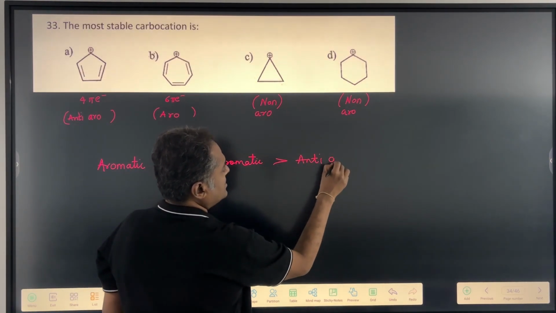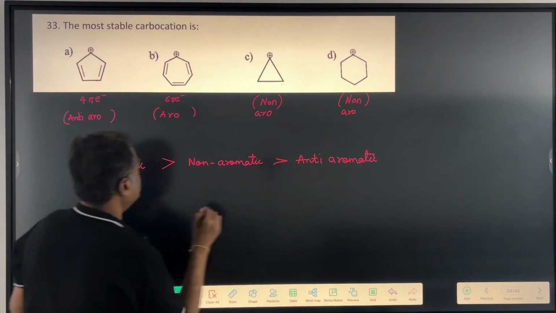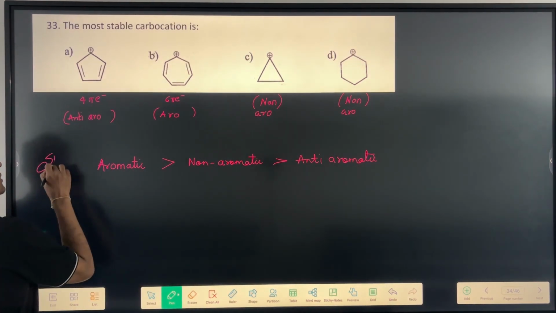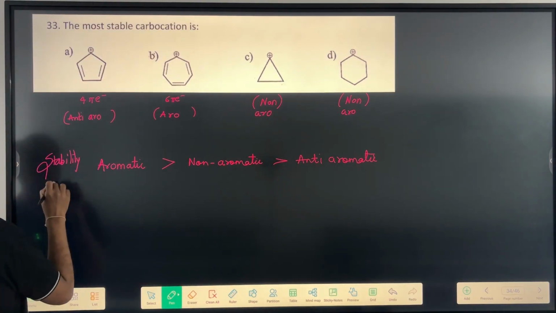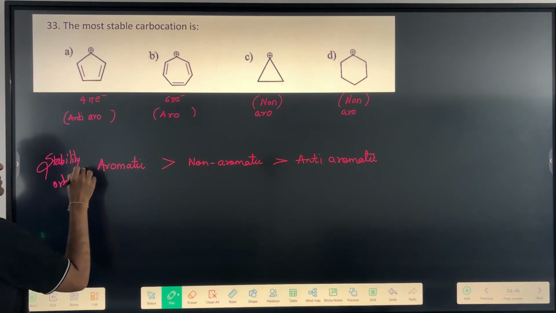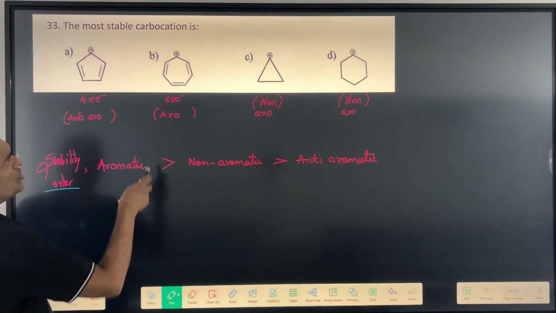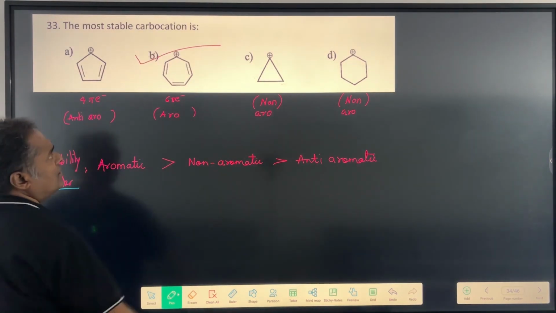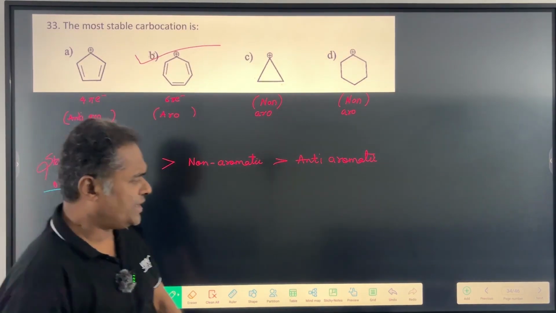This is the stability order. Based on that, you can discuss very easily. This only has to be the most stable carbocation, correct? Let's proceed with the next question then, child.